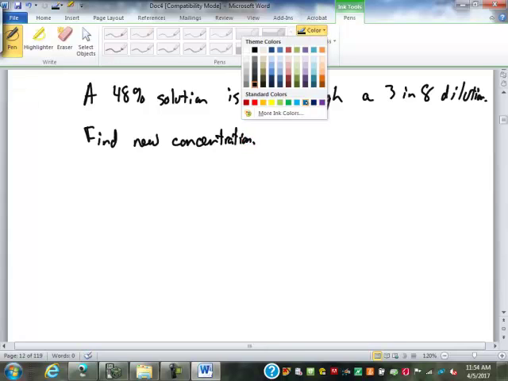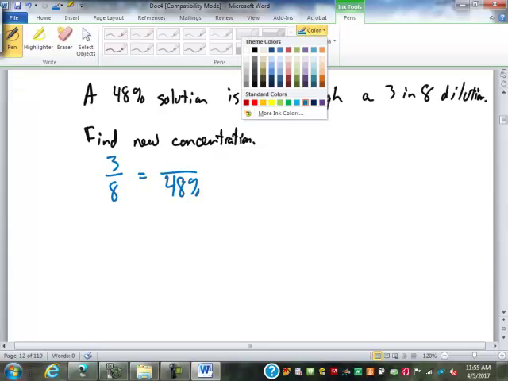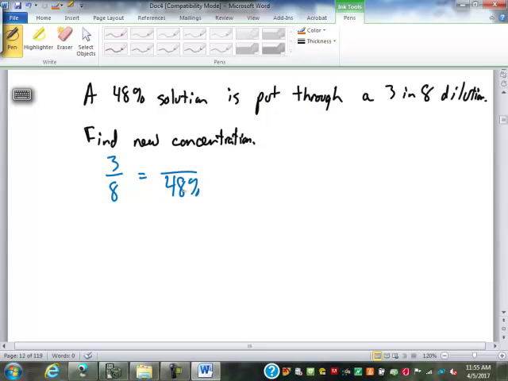And what we found here was that we can actually just take the percent, the 48%, and we can put it in a ratio with our dilution. Because after being diluted, we know it's going to be a smaller percent. So the 48 has to go on bottom with the larger number in the dilution. 3 times 48 divided by 8 is going to give us 18%.